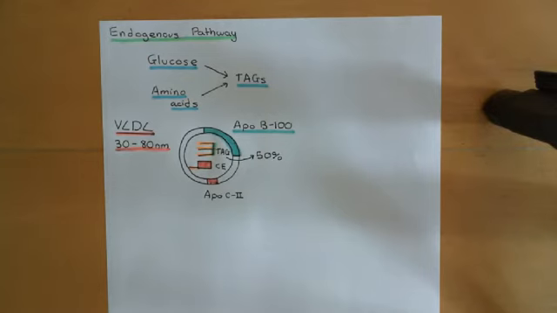So VLDL then, they're going to be secreted by hepatocytes when you're in the fed state. They're being secreted because the liver has a lot of these triacylglycerols which it has been synthesizing from excess nutrients such as glucose and amino acids. They're also going to contain lots of cholesterol esters.